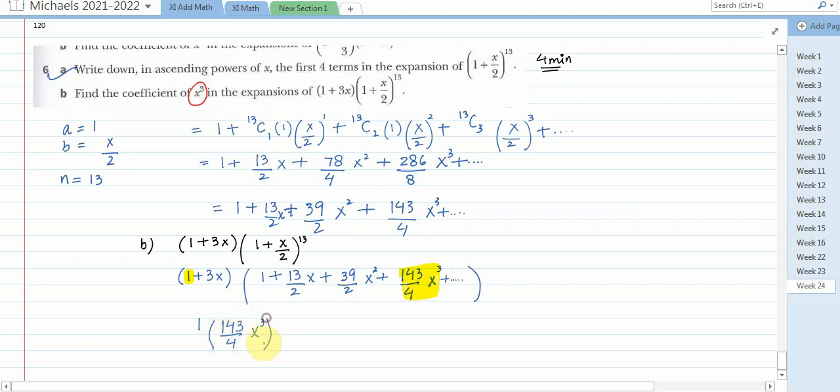We are looking for those terms which give us the variable x cube when they multiply. Secondly, when you multiply 3x with 39 x square upon 2, you will get x cube as well. So now it will be plus 3x times 39/2 x square.